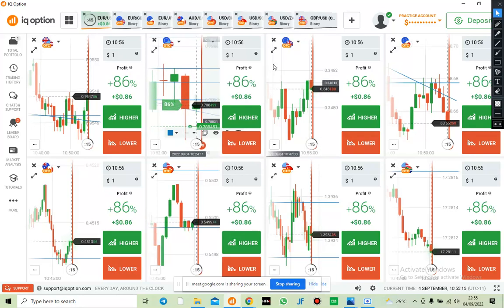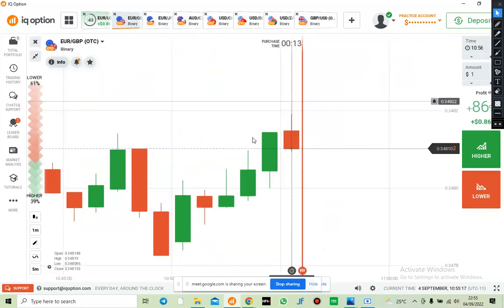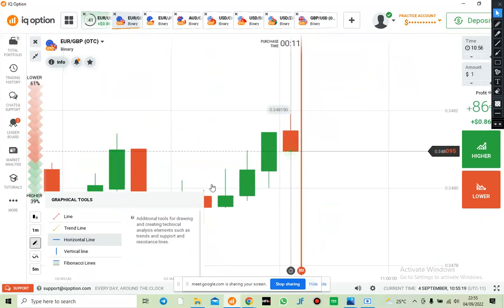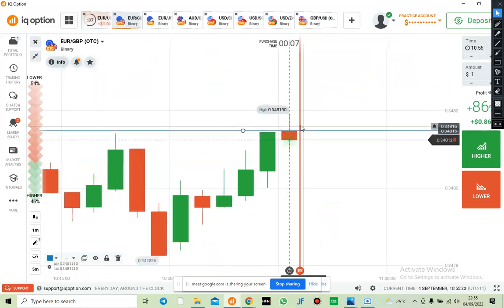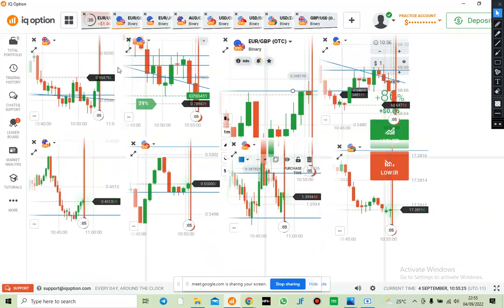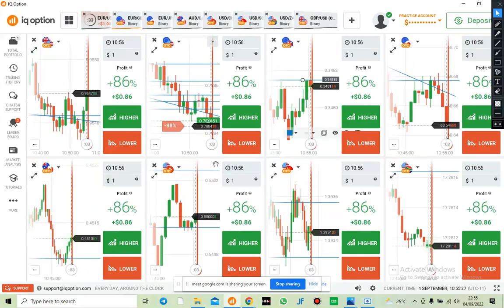Okay, the market is reversing here. So let's pay attention to the reversal candle. Any green candle that formed, they cross the key level. So let's pay attention to that as well.